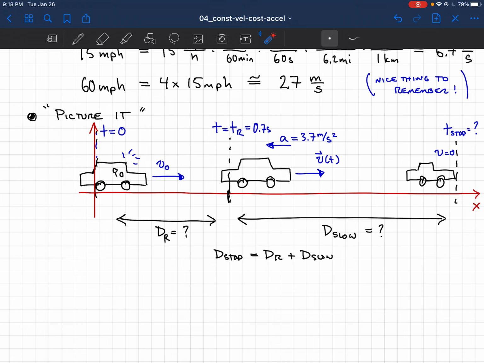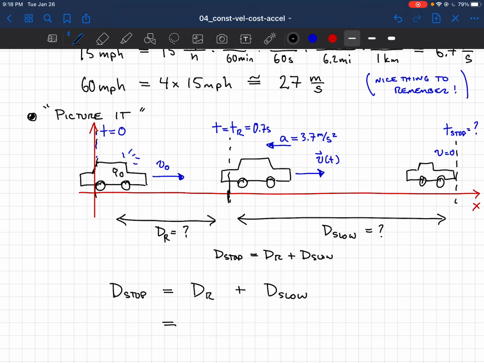The total distance stopped is the reaction distance plus the slowing distance, and we could use that. So let's try it out. I guess we should say the distance stop is equal to the distance react plus the distance slowing.